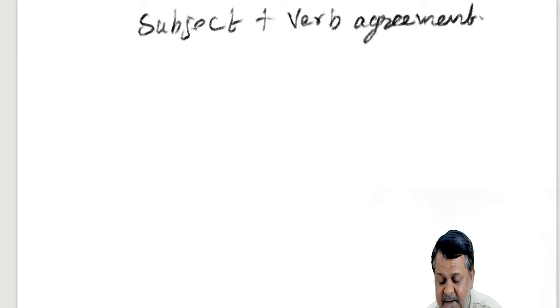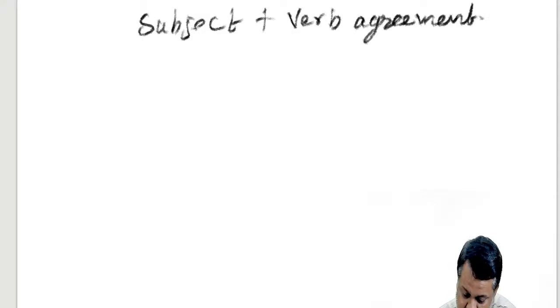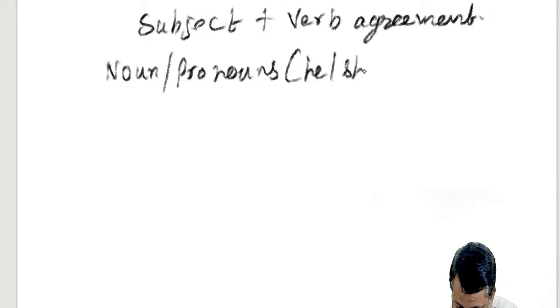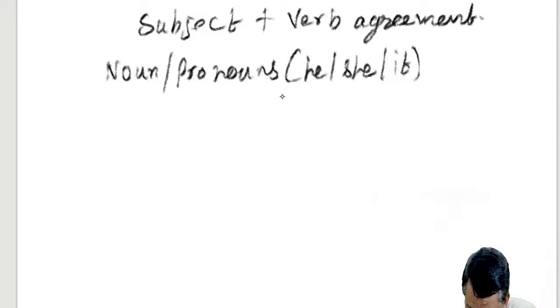Every time a subject is singular, except for I, any noun form or pronouns like he, she, it, they are always followed by the singular verb form, has or had.